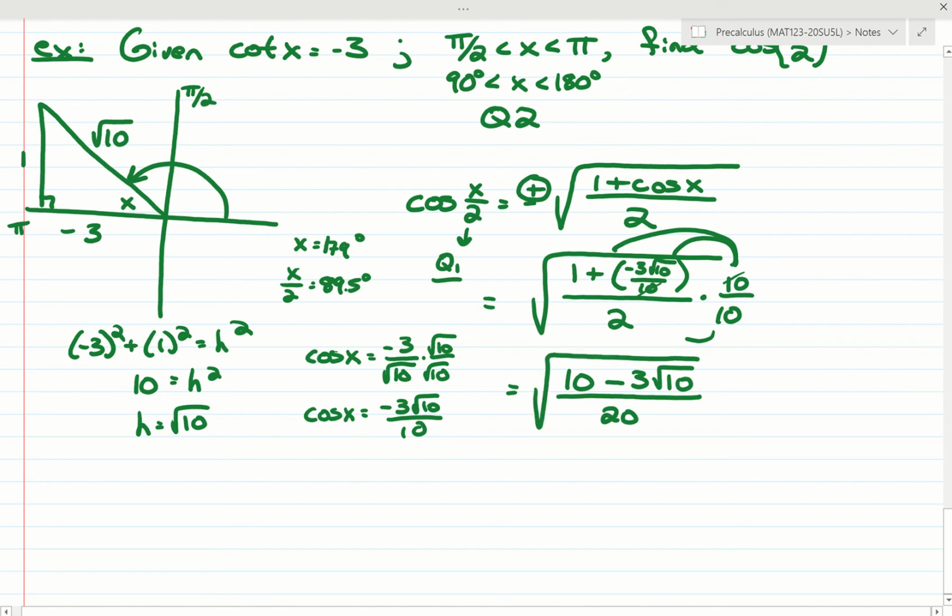Okay. Now, let's see here. We want to be able to get rid of this square root of 20 on the bottom, right? If we were to break up this radical, we would have to take the square root of the top over the square root of the bottom. So if we multiply the top and bottom by 5 over 5, we'll get a perfect square root in the bottom.